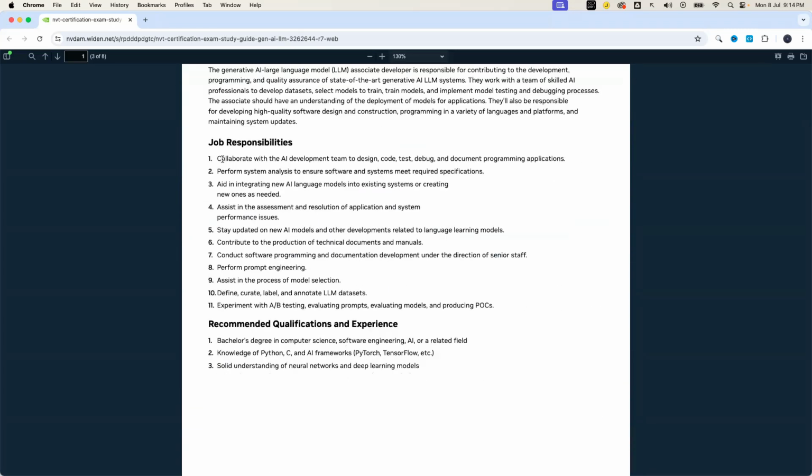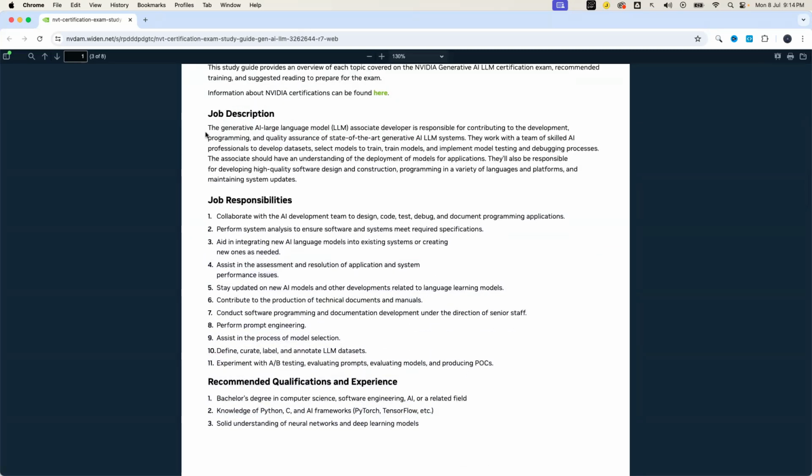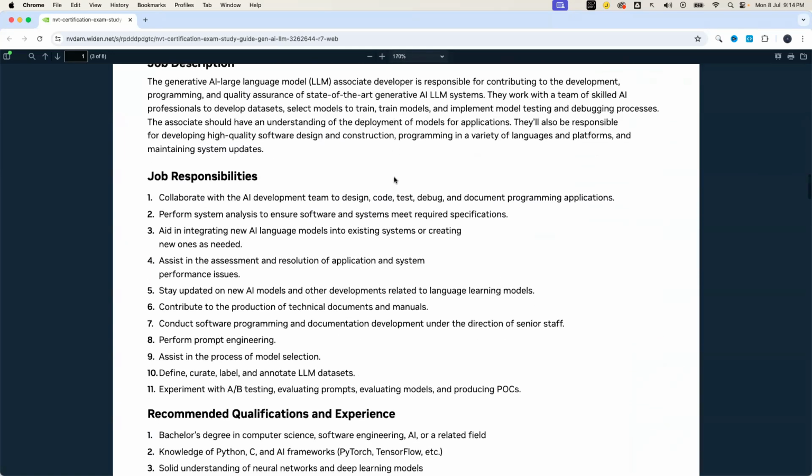Now, the expectation is that when you are working as a generative AI LLM associate developer, if you understand what the responsibility will be, that will give you more perspective on what contents would be covered in the examination.